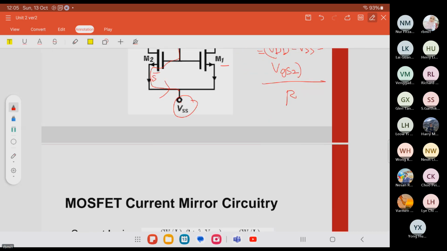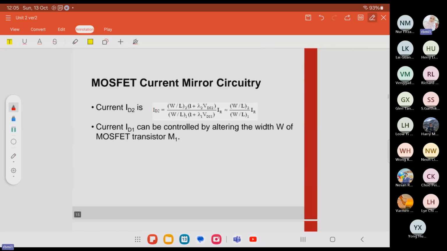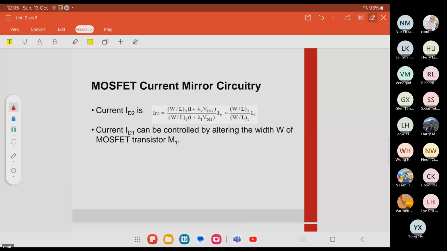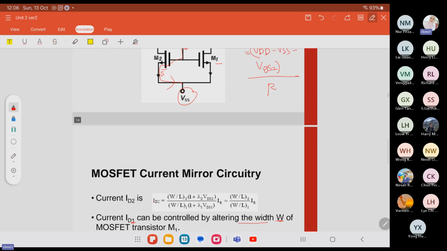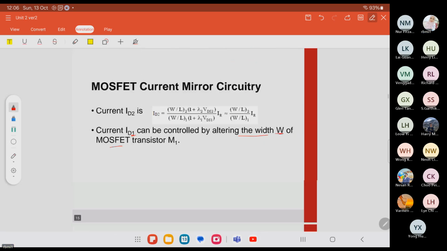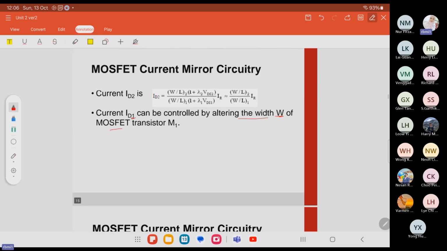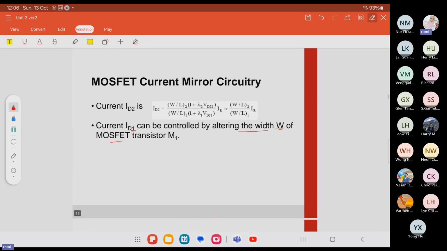The current ID1 can be controlled by altering the width of the MOSFET transistor M1. Also for this one, we are not going for the AC analysis for the MOSFET.